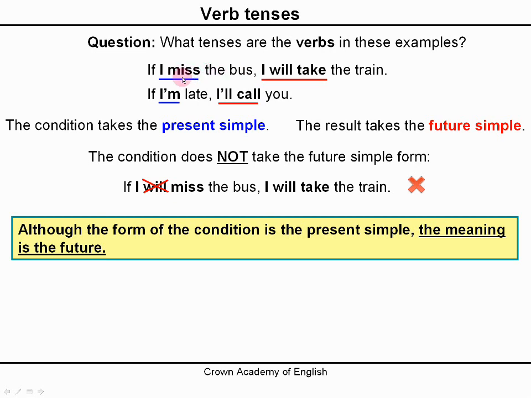Okay? The meaning is if I miss the bus tonight, for example, or tomorrow. Okay? So we are using the present simple form, but to refer to the future. And the result is always in the future simple.